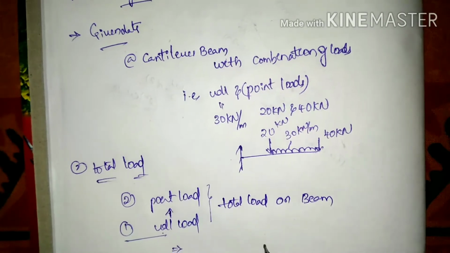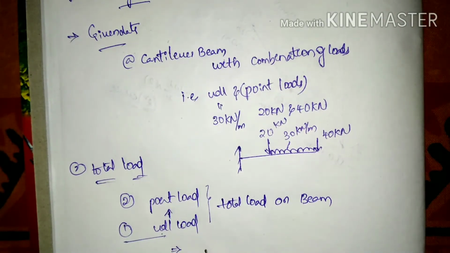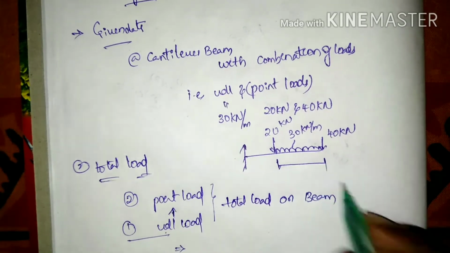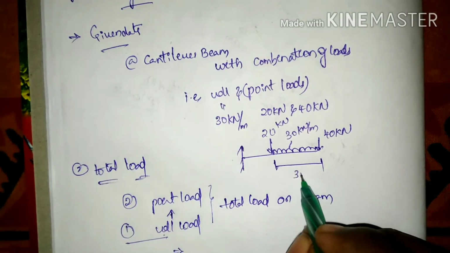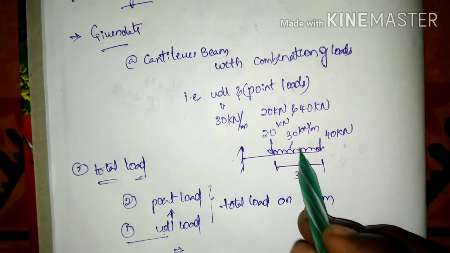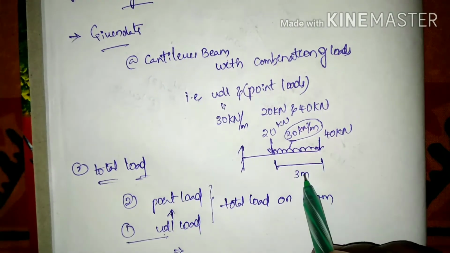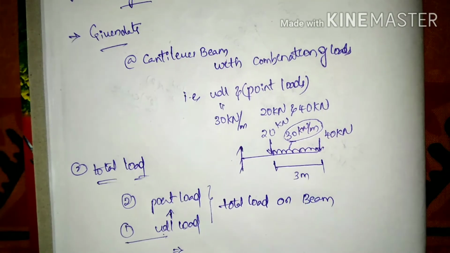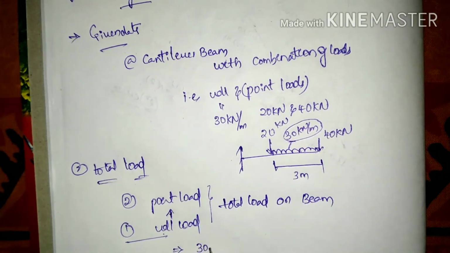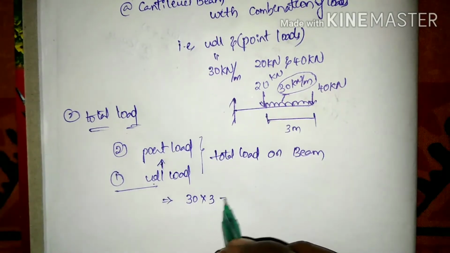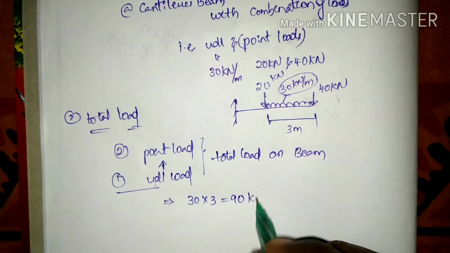While converting the UDL to point load, we have to multiply by the distance over which it acts. For the span of 3 meters it acts, so we have to multiply the UDL load into the distance, that is 3 meters. 30 into 3 gives us 90 kilonewtons.